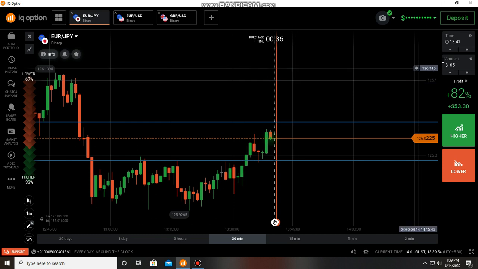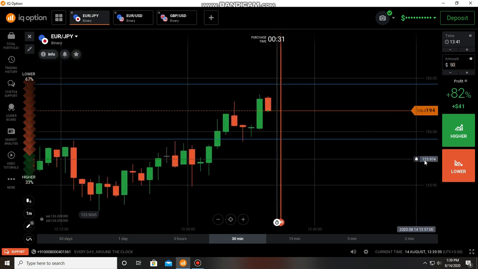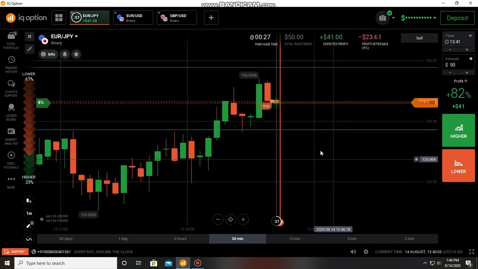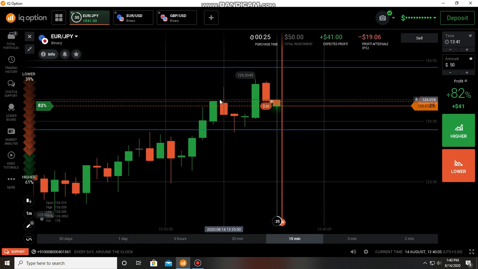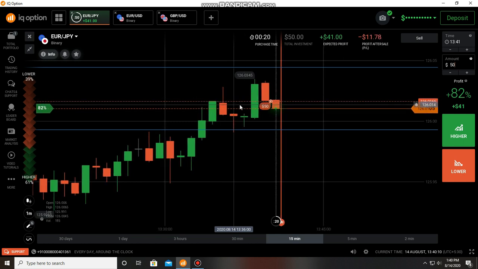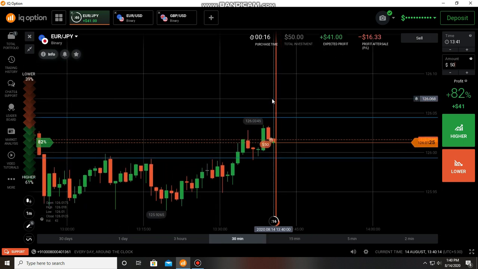Okay, here now we can see some sellers entry. So I invest only $50 here. Here again we can go to the sellers. Here we can see a level, but here it will definitely break that level. So we can expect one bearish entry there. That's why I placed here a put option.